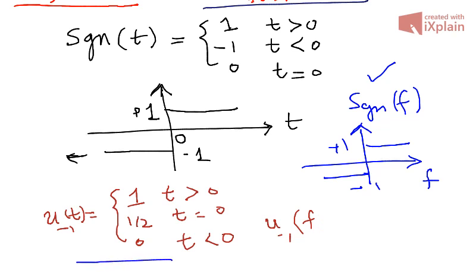Just replace t by f, and you can draw it. Let me draw your unit step function for the frequency domain. It will be like this, right? A +1. We define it here. At 0, it should be half, and then there is a jump, and for greater than 0 it is +1.